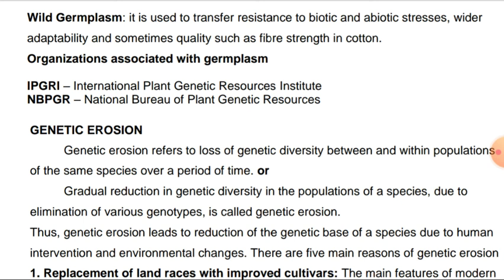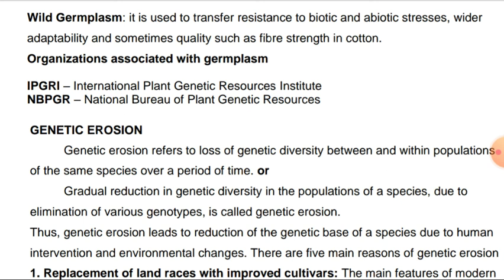Some of the important factors or major reasons for genetic erosion are, first, the replacement of land races with improved cultivars. In modern cultivars, we use different characters of the land races. These modern cultivars are highly uniform, but they have a narrow genetic base and narrow adaptability.